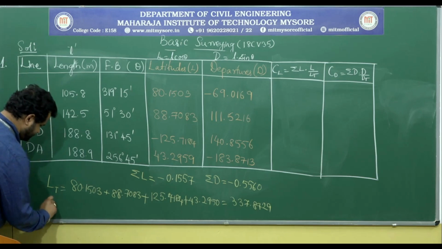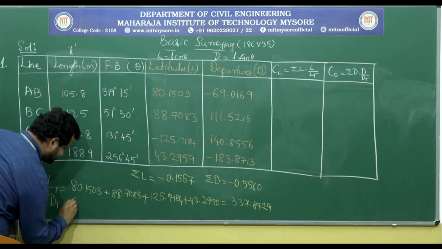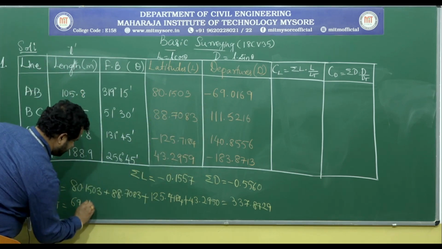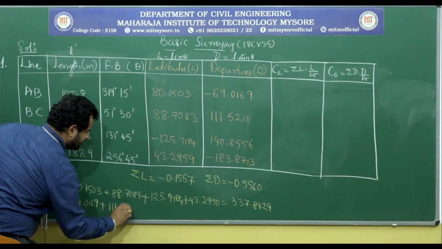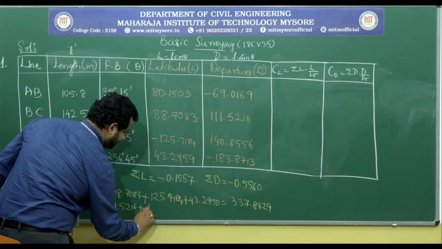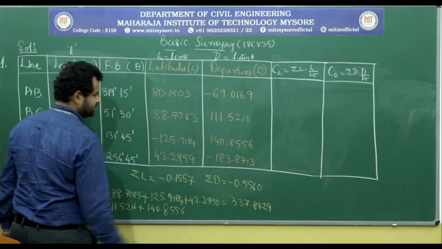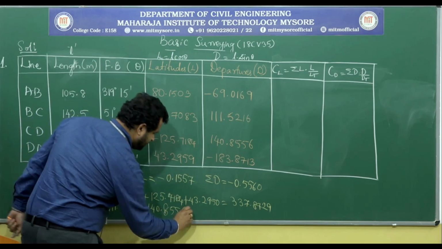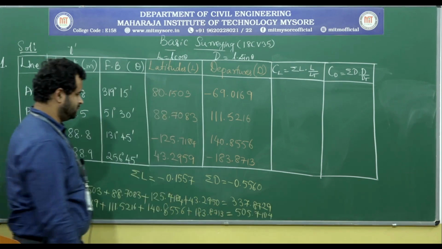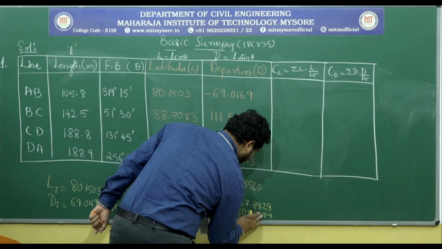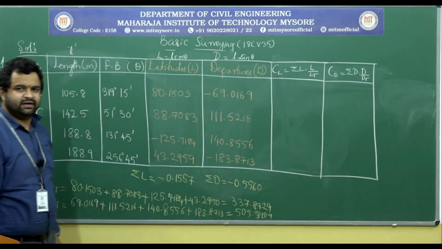Now, what about DT? You have to neglect the minus sign here, that is 69.0169 plus 111.5216 plus 140.8556, and again you have to neglect the minus sign, plus 183.8713 is equal to 505.3104, that is DT.